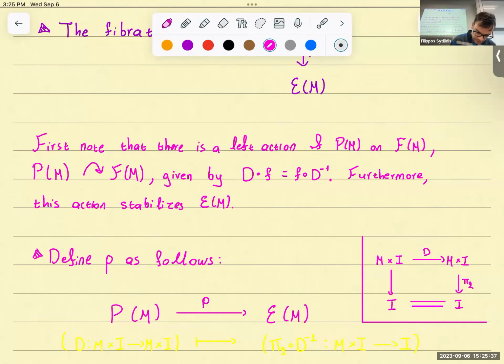You have, if you give me a function from M cross I to I, maybe this is F, and you also give me a diffeomorphism from M cross I to M cross I, that's my pseudo-isotopy.